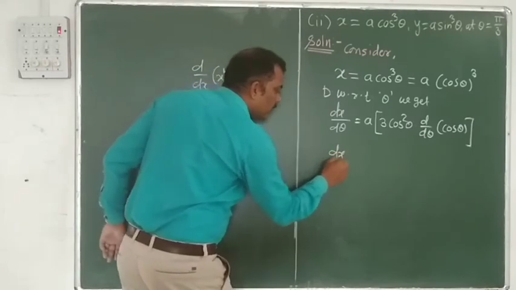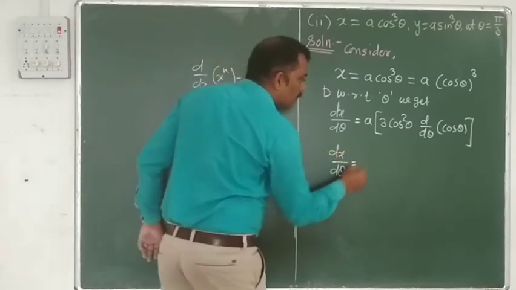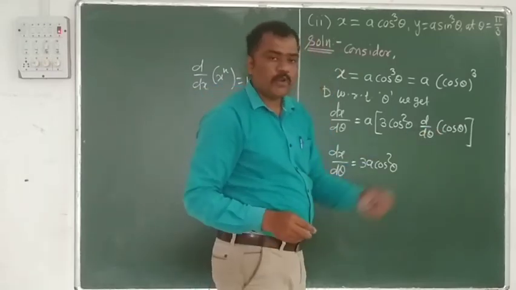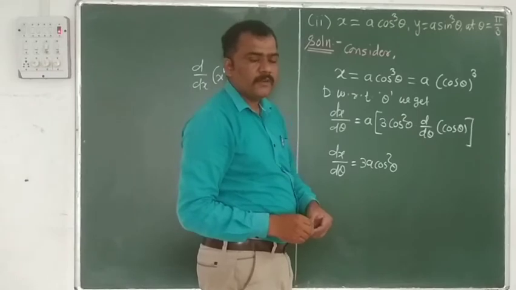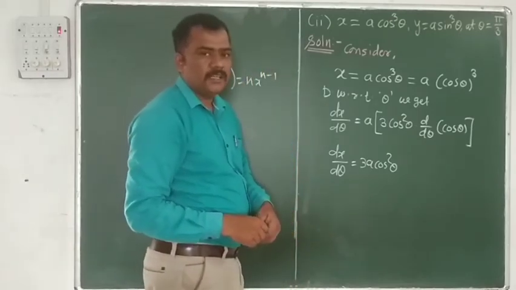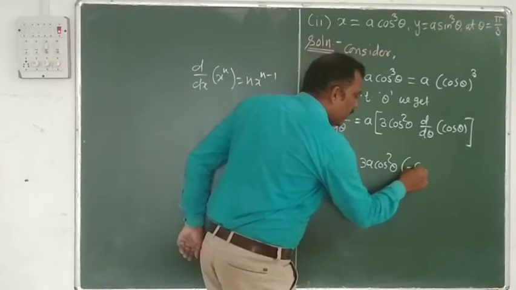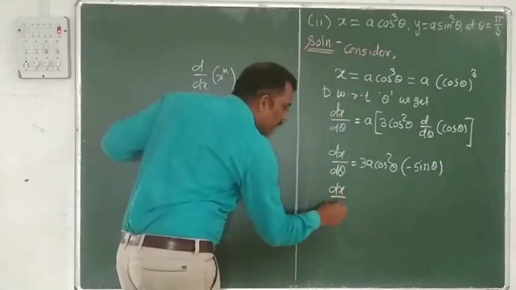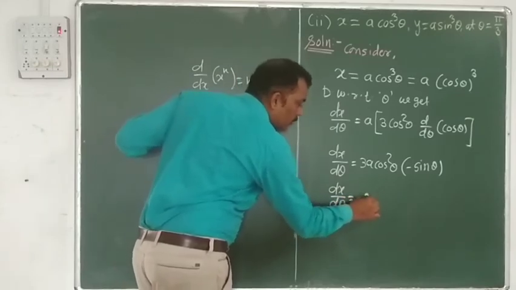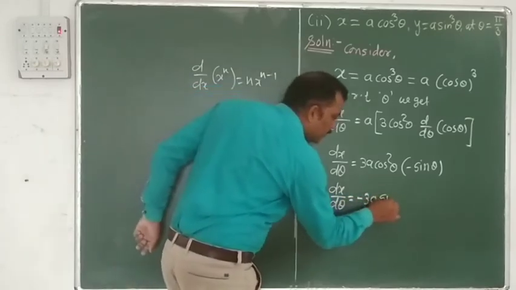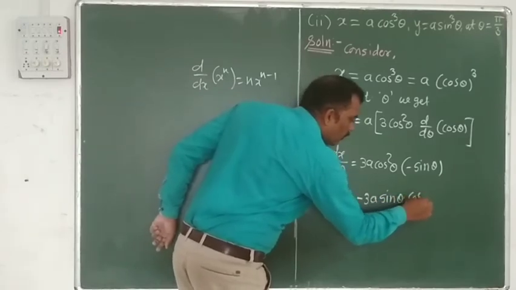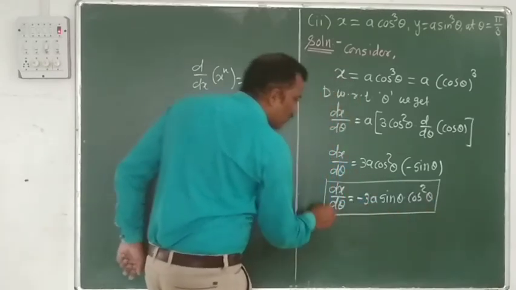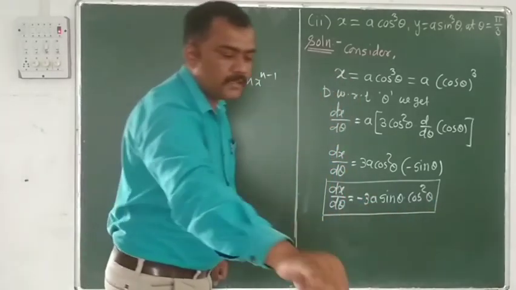So dx by d theta is equal to 3a cos square theta into the derivative of cos theta with respect to theta, which is minus sin theta. We can rewrite as dx by d theta is equal to minus 3a sin theta cos square theta, which is the value of dx by d theta.